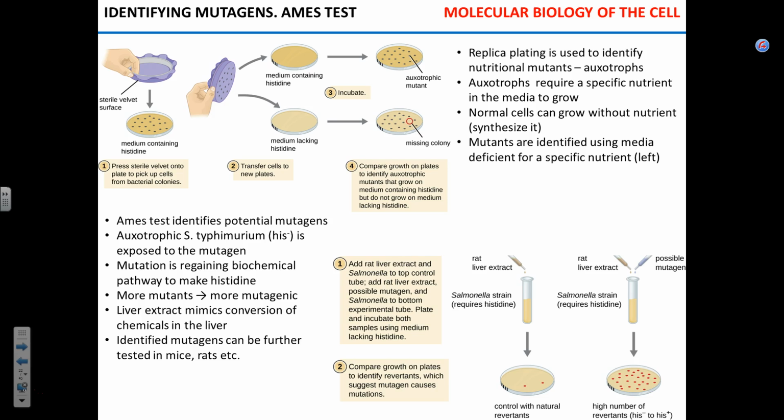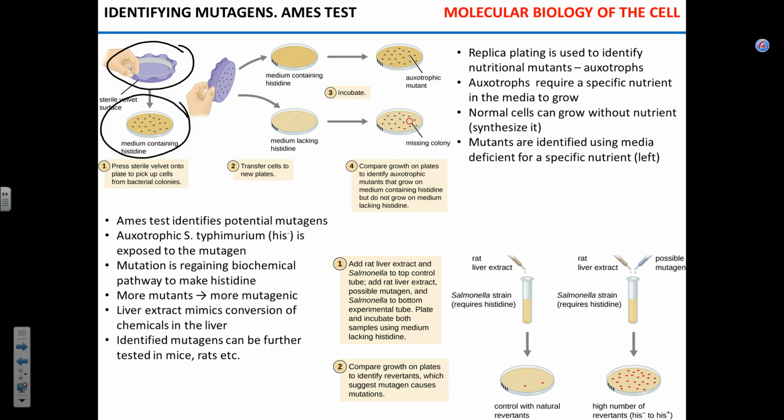You have many colonies of Salmonella. They grow on the medium, and then you do the replica plating. So you have this transfer pad, okay?